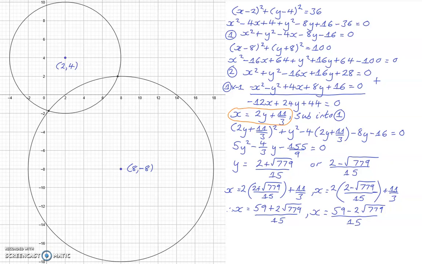So the exact coordinates of the 2 points of intersection are as shown. So this point is this, and this point is this.